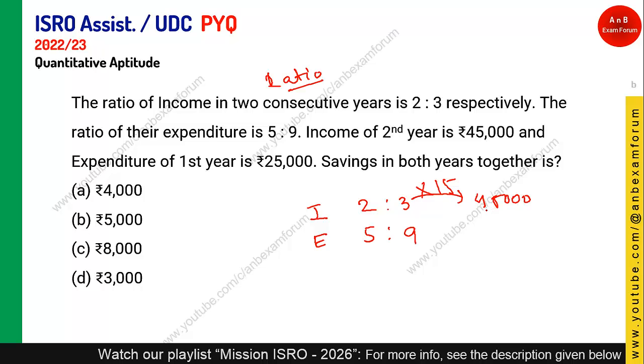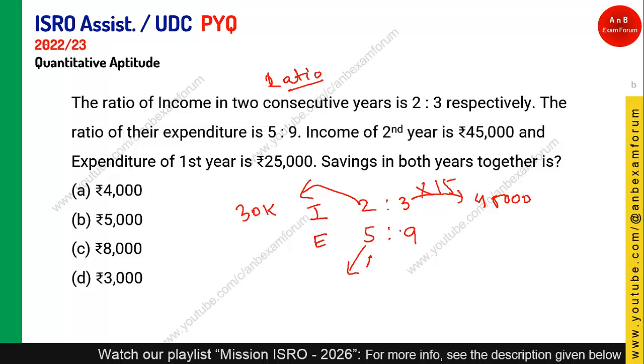Since the income is 45,000, the income of the first year would be 15 into 2, that is 30,000, and the expenditure for the first year, again you need to multiply with 15.